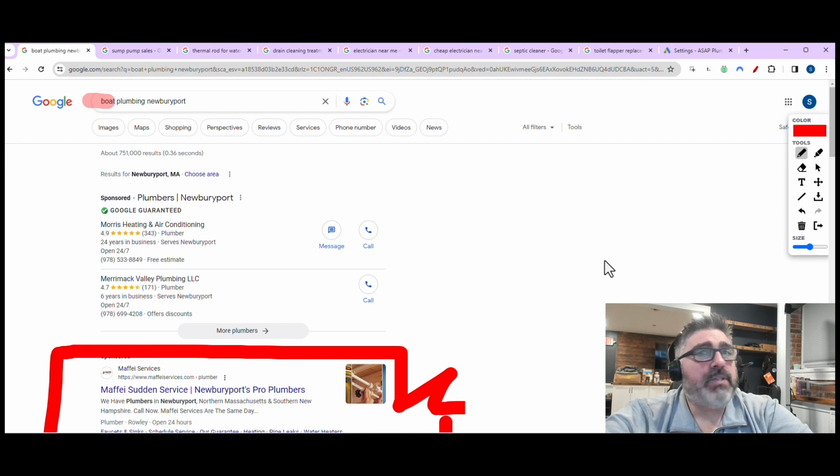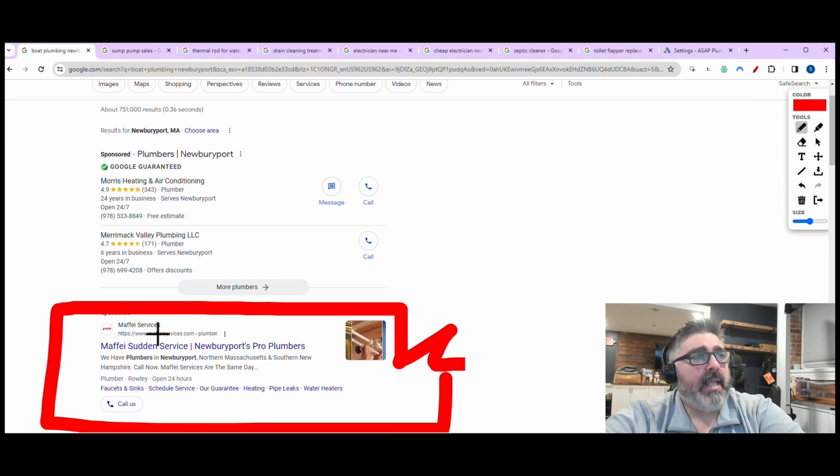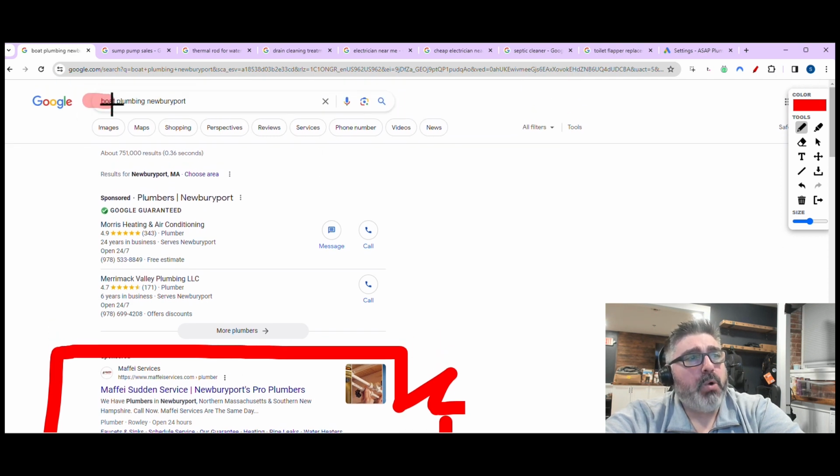And this is all search from today. So here we have a local plumbing ad. Boat plumbing, Newburyport. So we have a lot of boats in Newburyport. Here we have a plumbing ad triggered with the term boat. Now, this company is using a phrase match keyword.